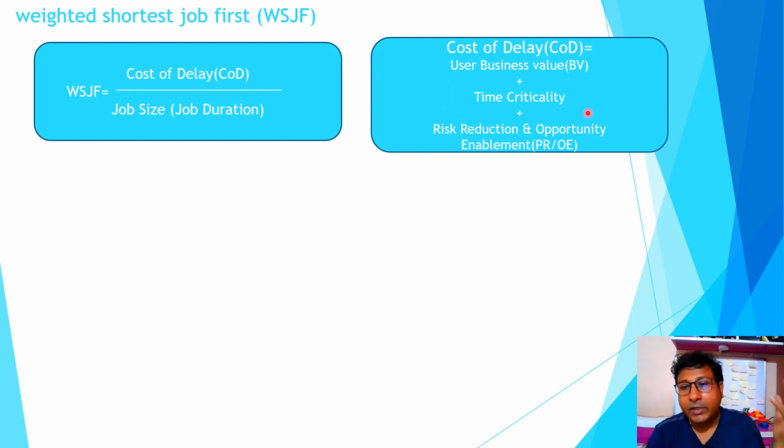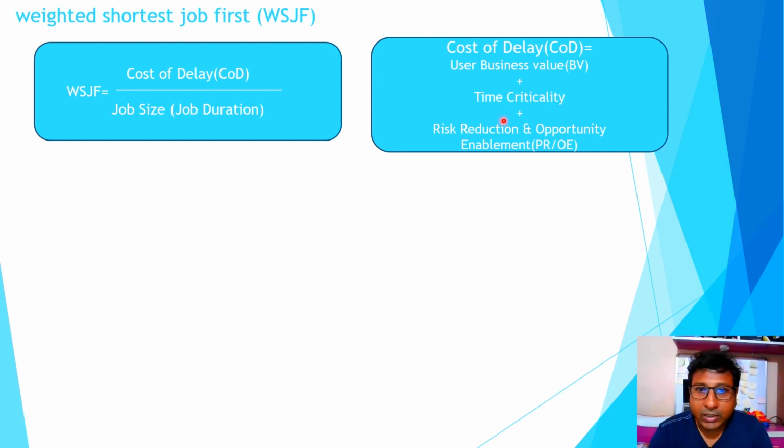If it is launched at some other time of the year, it will not have that significance, or it will not be able to get that much business. So that is the time criticality, and based on this parameter, here also we do a relative sizing between the different user stories or features, and give a rating, the same way, on a scale of 1 to 10, 10 being the highest.